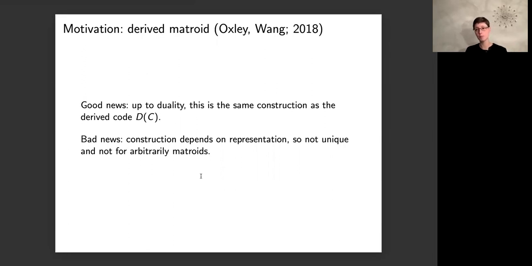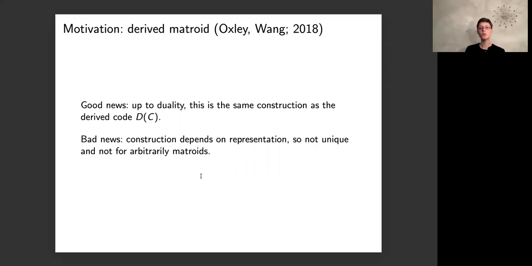And we all know that hyperplanes are in one-to-one correspondence with co-circuits. And so the derived code looks at dependencies between co-circuits, and this derived matroid of Oxley and Wang looks at dependencies between circuits.